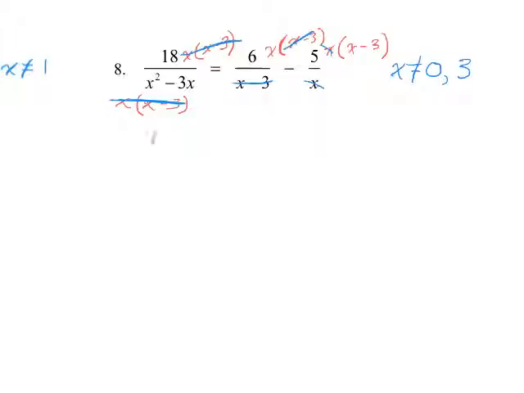So our left side is 18, our right side 6x, and this negative 5, I'm going to distribute into the parentheses right away. So remember the negative sign goes in as well, so I'll have a negative 5x plus a 15. So be careful with that second sign. It's easy to lose track of this negative sign that's going with the 5. That negative times this negative gives me this positive.